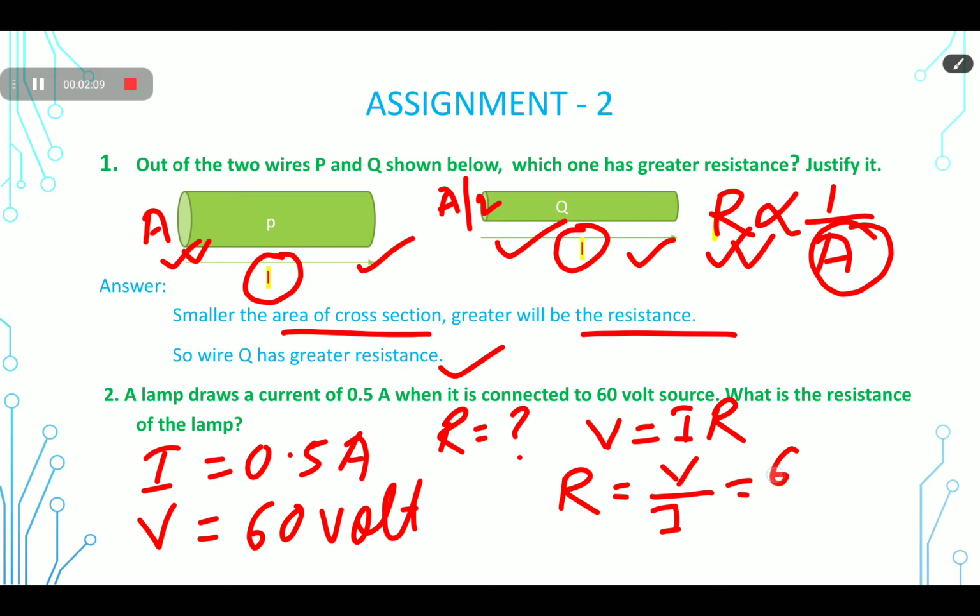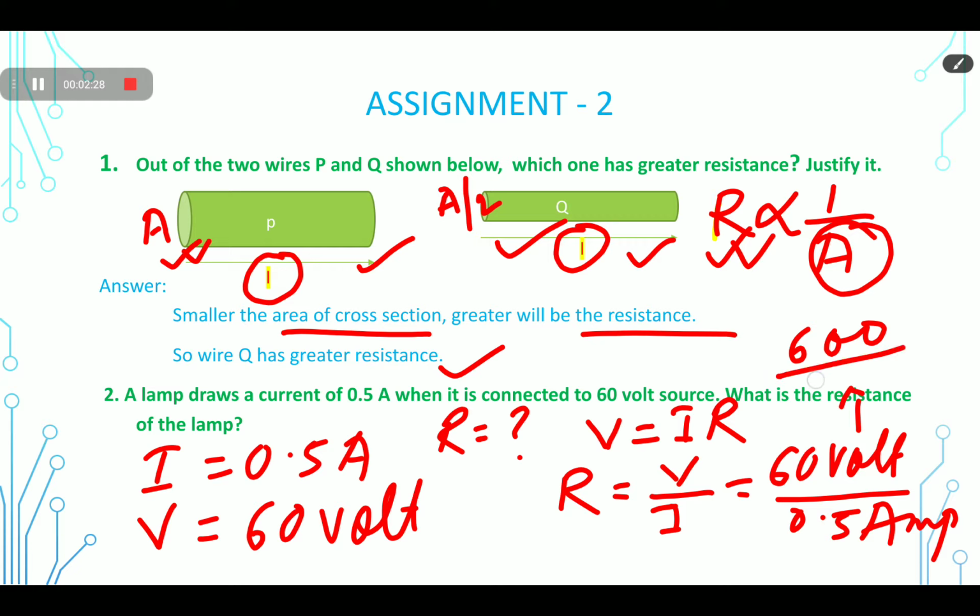Here the voltage is 60 volt and the current is 0.5 ampere. So we will solve it like this. 600 by 5, that is 120, means the resistance is 120 ohm, and ohm is the SI unit of resistance.